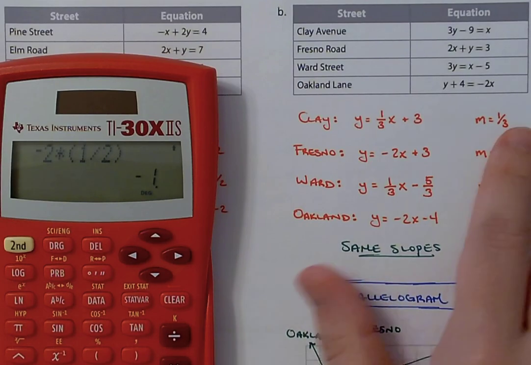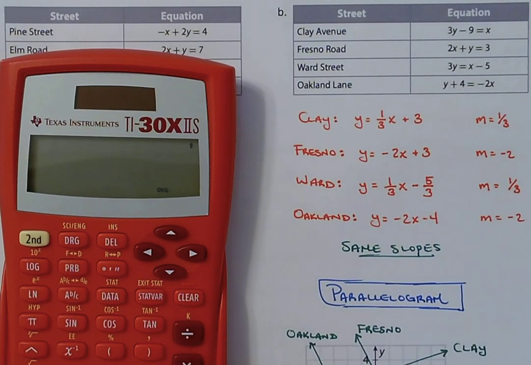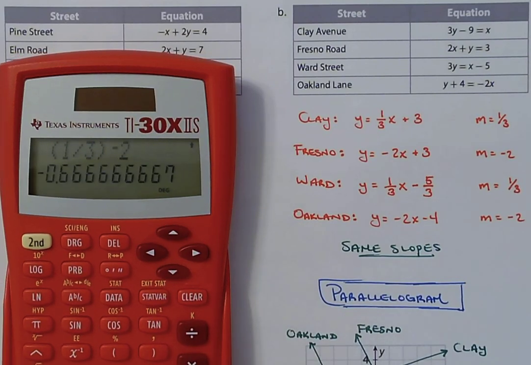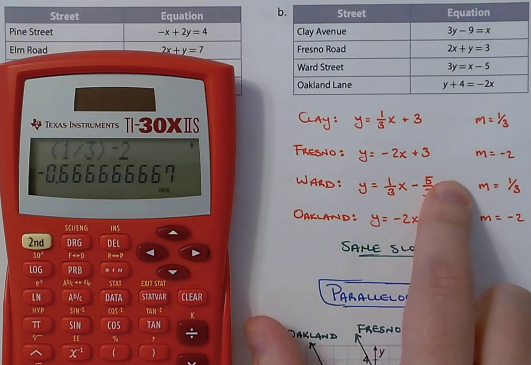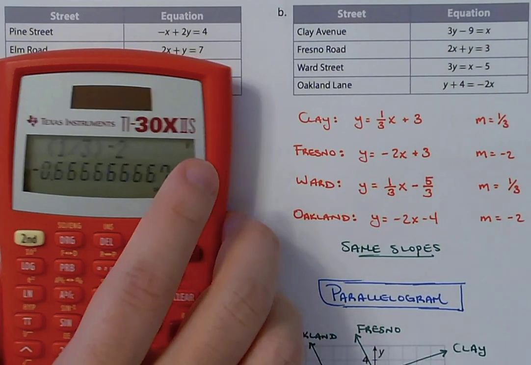If we look at Clay and Fresno, we have 1/3 times negative 2, and we end up with negative 0.6 repeating. So the product of my slopes is not negative 1. That means this is not a rectangle, so it's just a parallelogram.